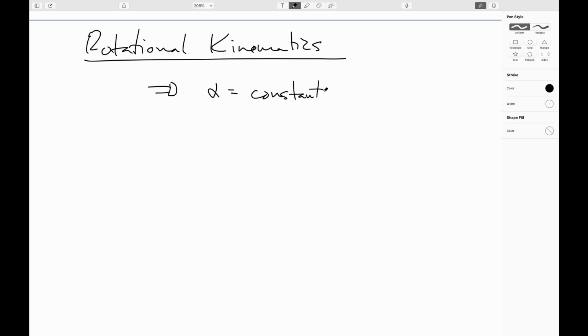If it's not, you either need to be more clever or use the methods of calculus. But if the angular acceleration is a constant, and in a lot of cases it is, we can write another gang of four. So what we'll have is omega final equals omega initial plus alpha delta t. That would be missing theta.